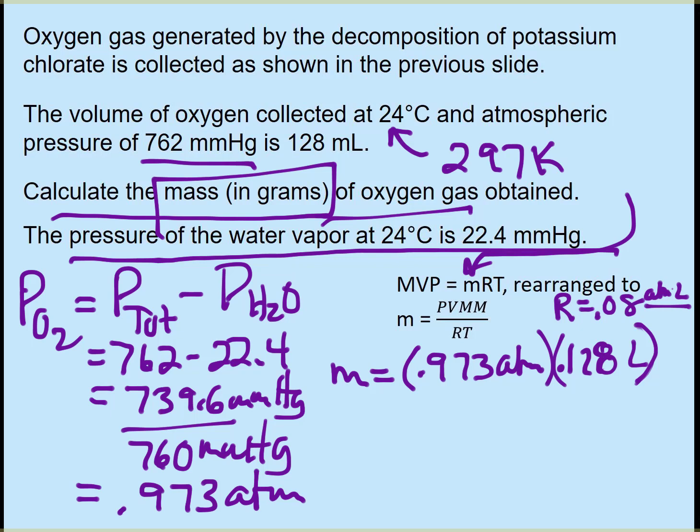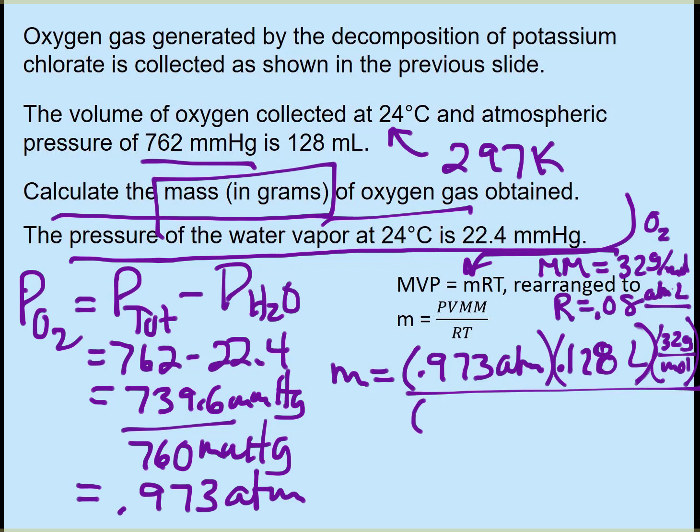And then I'm going to multiply it by the molar mass of oxygen. And the molar mass of oxygen, remember it's O2, so it's going to be 16 plus 16, 32 grams per mole. So I think I can scrunch it in here, 32 grams per mole. All right. So that's on top, and on the bottom is my ideal gas law constant.